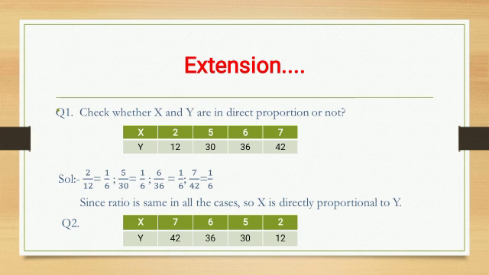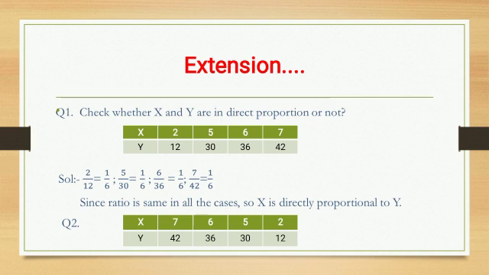That's very good. Then the third ratio, 6 upon 36. In the lowest terms we are getting 1 upon 6. That is also the same. And then the final one, 7 upon 42. Again after cancelling the terms we are getting 1 upon 6.